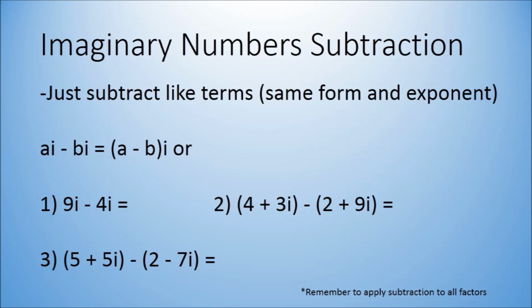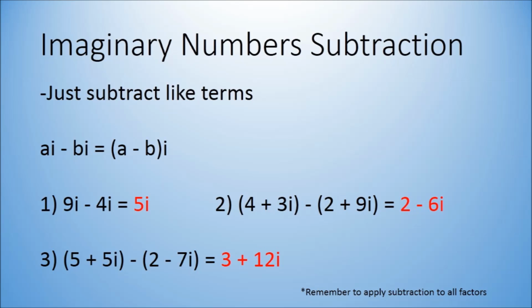And so when you do that, you would get 7 plus 12i, which would be the same as if I were to say 5 plus 2 is 7, and 5i minus negative 7i, which is really 5i plus 7i, is 12i. So then again, you get 7 plus 12i.